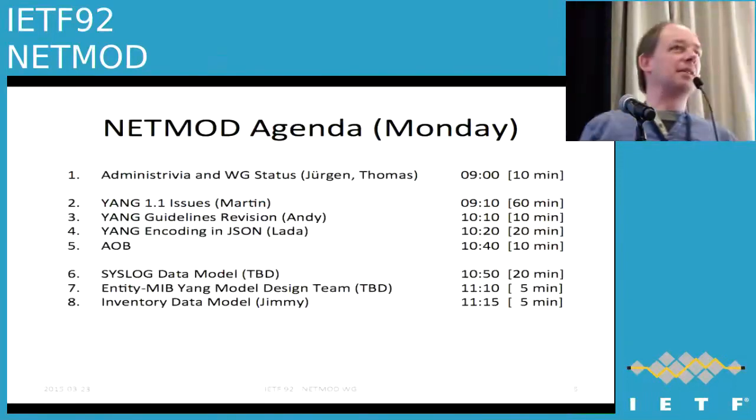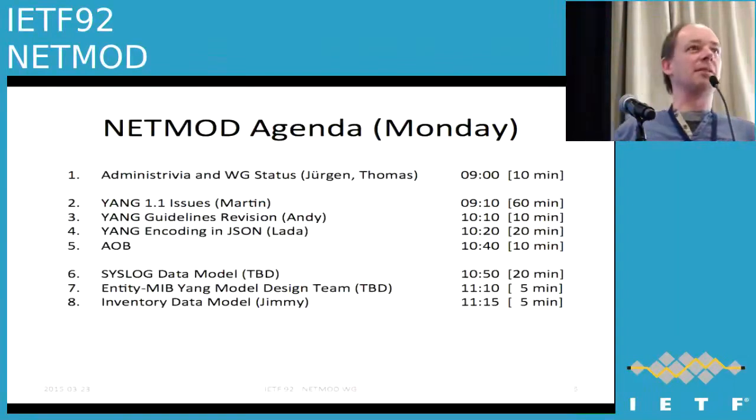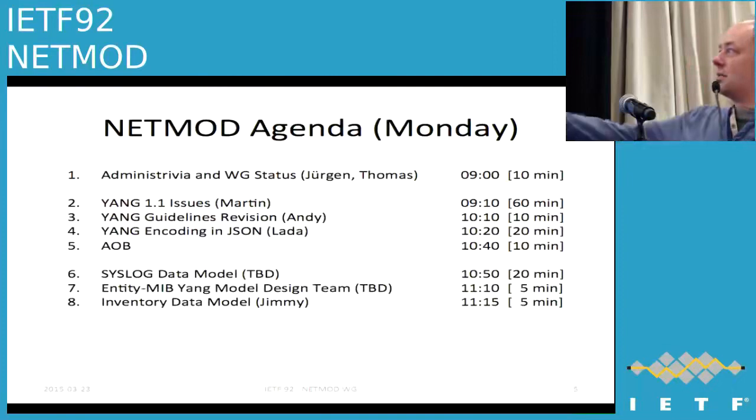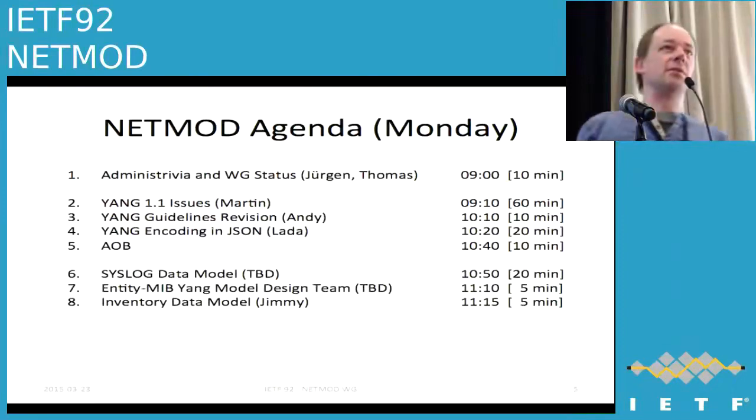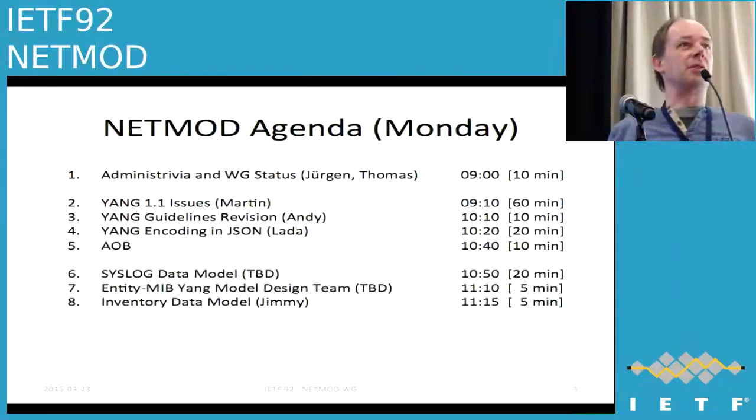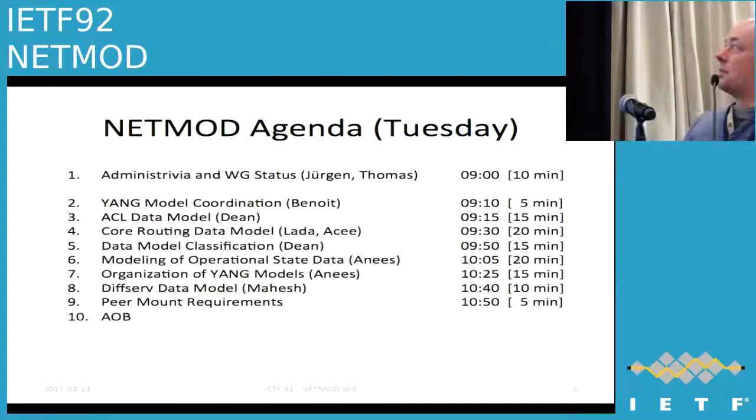There's an Anti-MIB Yang design team that just started. They will probably tell us a little bit of what they're doing and what their goals and plans are. And there's going to be a time, hopefully, for another document which talks about an inventory extension of a topology data model. That's the plan for today, and that's the plan for tomorrow. So administrative agenda bashing first again. Yang data model coordination. Benoit wants to say something.